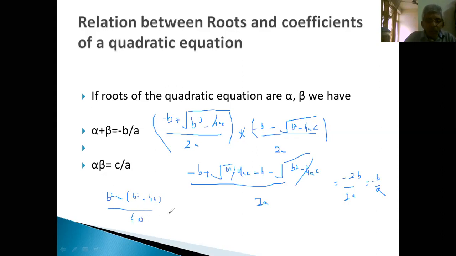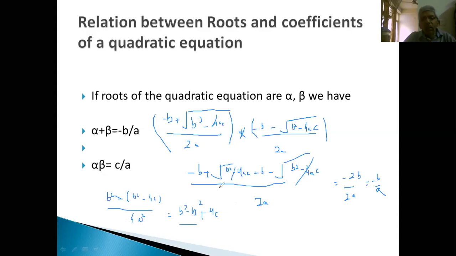So what I get? I get b square minus b square plus 4ac divided by 4a square.